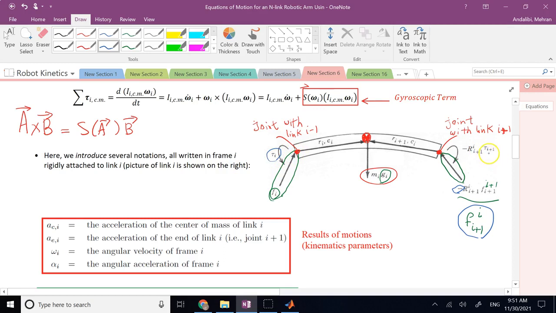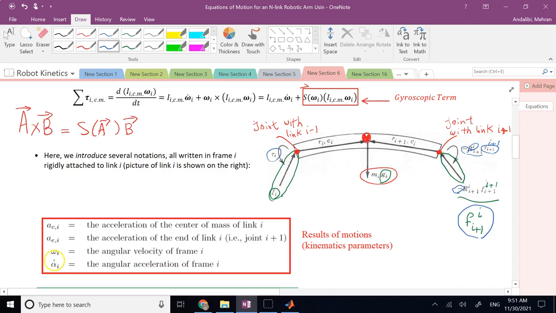And then this torque I plus 1 is the torque that is applied to link I plus 1 through the motor, but the reaction of that is applied to link I. And again, I use a rotation matrix to convert that torque that was already in frame I plus 1, bring it back to frame I, and negative again means reaction. So hopefully it is clear where each one of these 5 forces or torques are coming from and why they are written the way they are written.